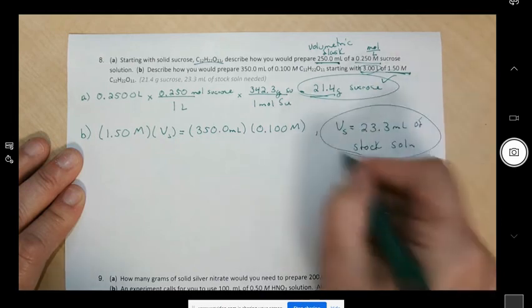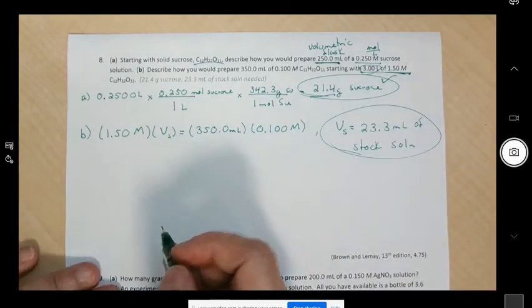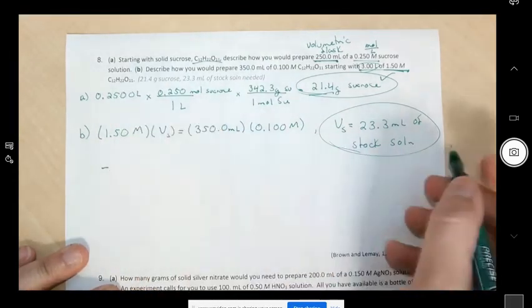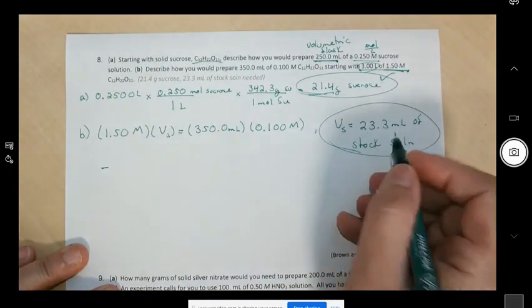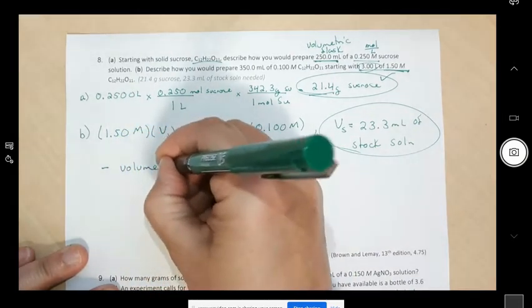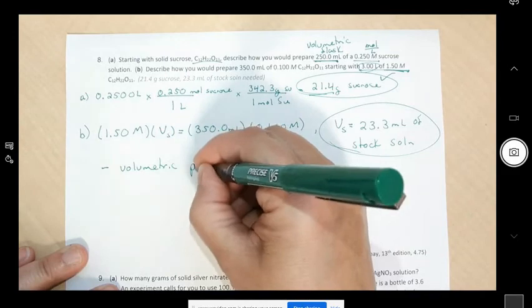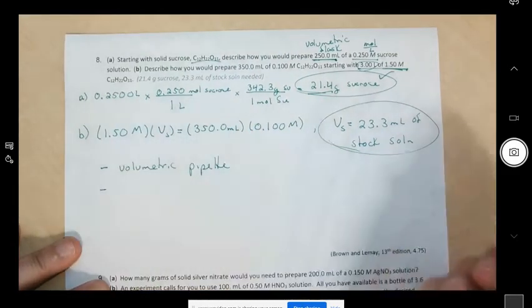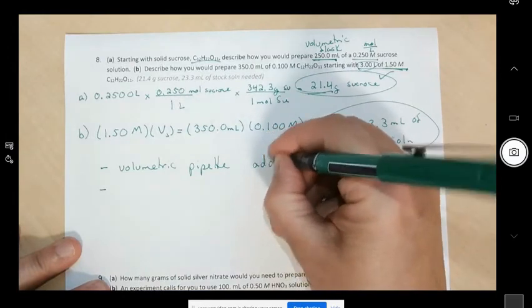So again, in a nutshell, you're going to draw up the 23.3 milliliters of stock solution using a volumetric pipette. And then you're going to add that to a new volumetric flask.